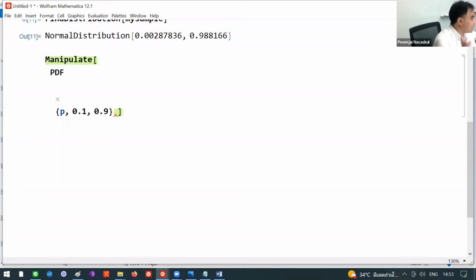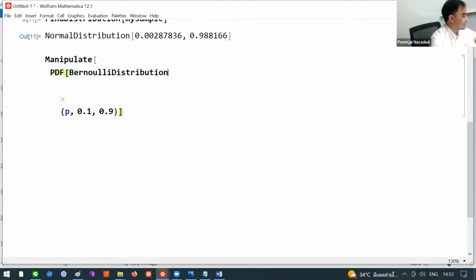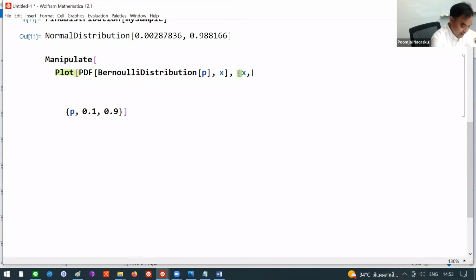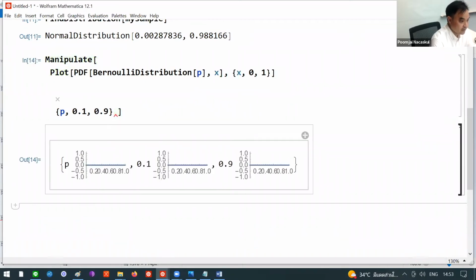One is called Bernoulli, one is called normal. So I'm going to go Bernoulli first. Bernoulli distribution. Once I type it and I say P, X, let's plot this, and X say 0 and 1. Oops.